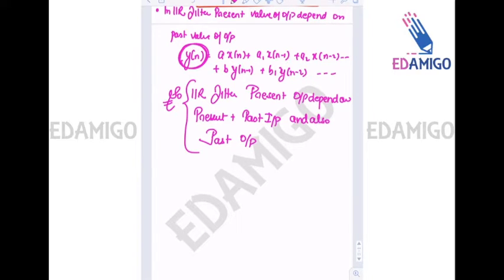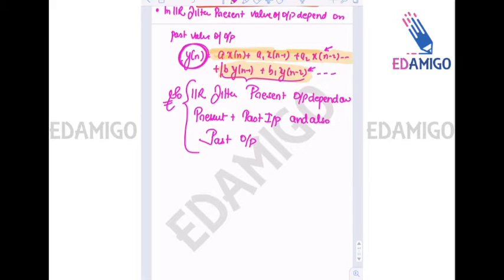You have seen this in system design, in the block representation of systems in signals and systems, and in controls also. This part represents the feedback, and this represents the feed forward. I think you have studied that. If you have not, then please comment here and I will prepare a video on that also. That's a very simple topic of signals and systems.